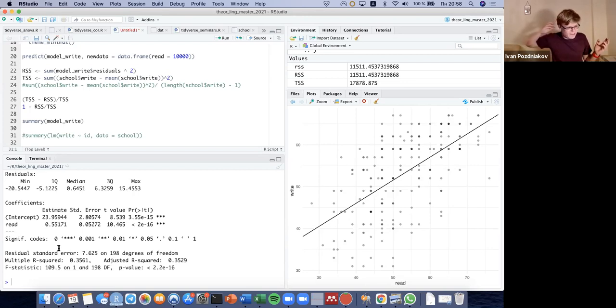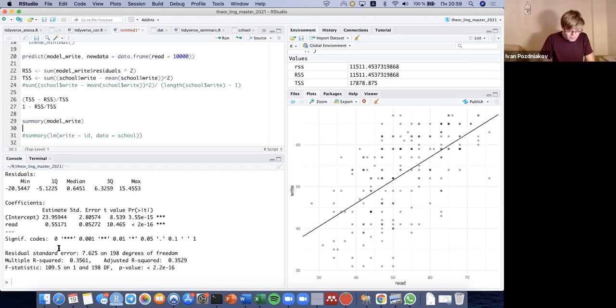We use completely different terminology to talk about these two methods. Why? Actually, just historically, if you have one predictor in linear regression, it gives you exactly the same results as the Pearson correlation coefficient.